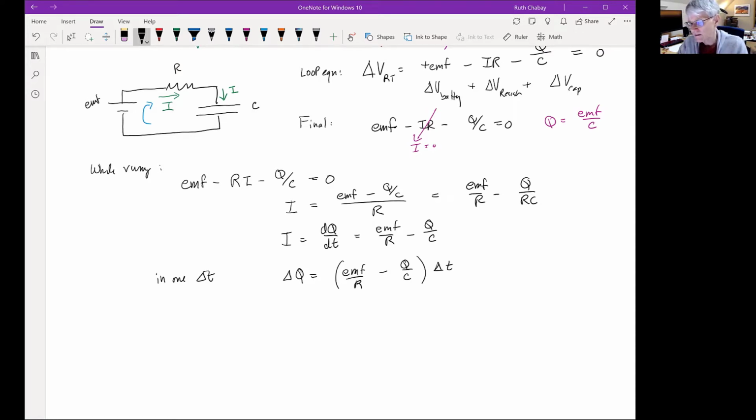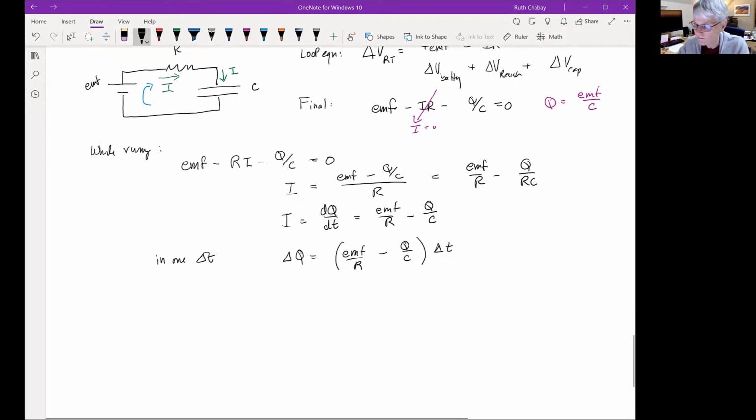And that looks like something we can actually do iteratively. So we could write a little VPython program. We'd have a loop.